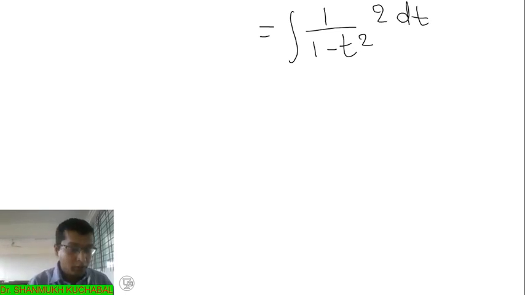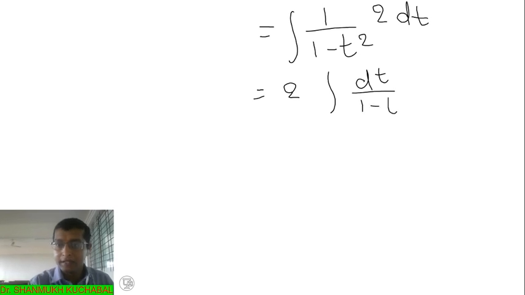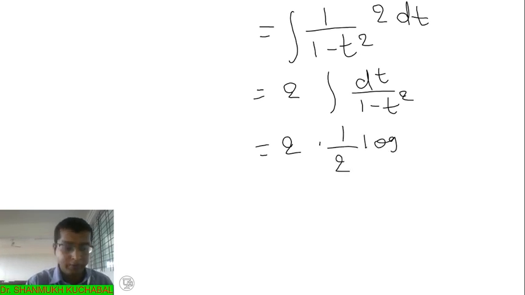So further 2 is a constant, we keep it outside, so we get dt divided by 1 minus t square. Further I write 2 as it is, integration of 1 divided by 1 minus t square is 1 divided by 2 log of 1 plus t divided by 1 minus t.